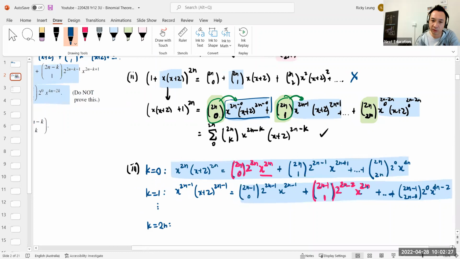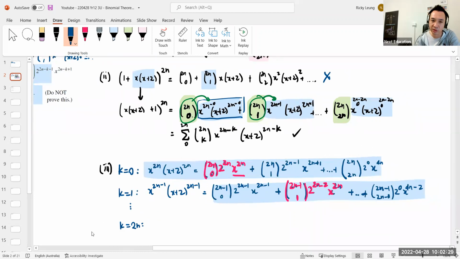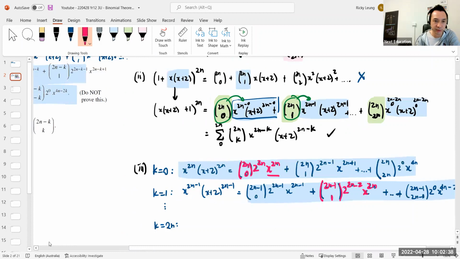What am I after? 2n sounds too large. The last term here is 4n minus 2k. Now, for 4n minus 2k to equal 2n, what do I need k to be? That's 2n equals 2k, so k equals n. I need k equals n actually, not 2n. 2n is too large.